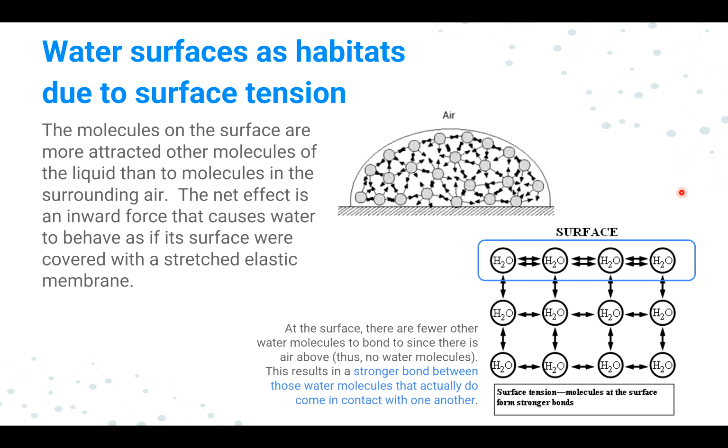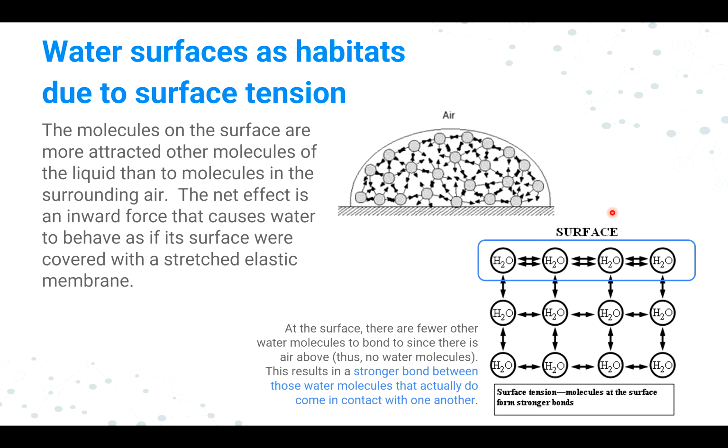Not only this, when you see what is happening at the surface level, you will find that there are few other water molecules to bond to, since there is air above. This results in a stronger bond between those water molecules that actually do come in contact with one another.